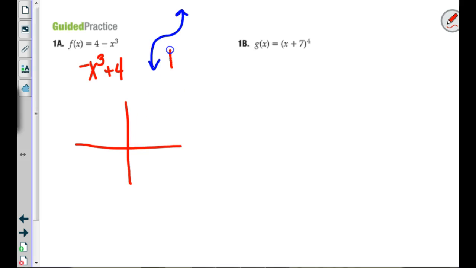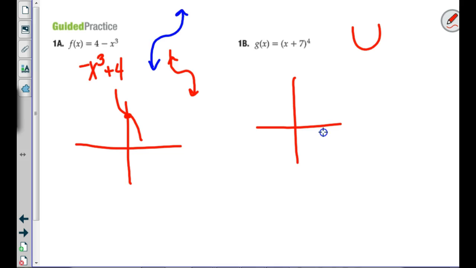Flips, so now it's going this way, and up 4. So it's up here somewhere doing this, okay? And this is degree 4, so it's basically this shape. And what has happened to this one? Careful. It's inside, so it's left 7, right? It's over here somewhere.